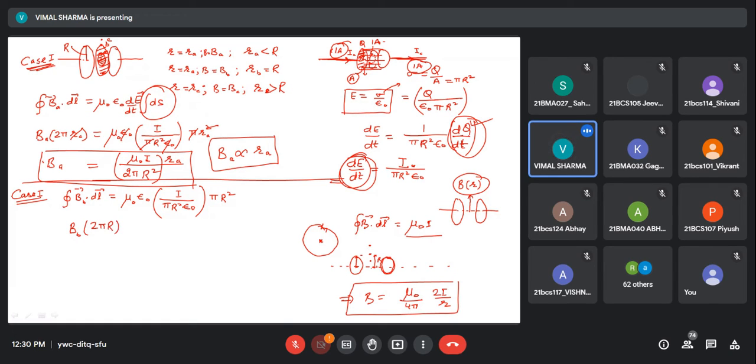So I can write it as 2 pi R. So it is mu naught epsilon naught; pi R squared gets cancelled with this pi R squared, and epsilon naught also gets cancelled with this epsilon naught. So I have only this. And then B subscript B is mu naught I divided by 2 pi R.